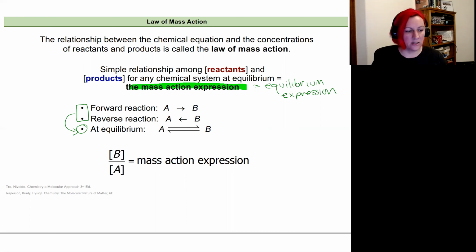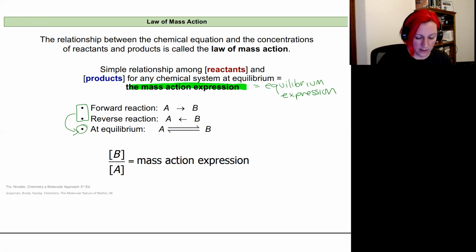If we take this super simple version, where we have reactant A and reactant B in equilibrium with one another, our mass action expression or equilibrium expression will be the ratio of the product over the ratio of the reactant. We're looking at concentrations here, or we could be using partial pressures.